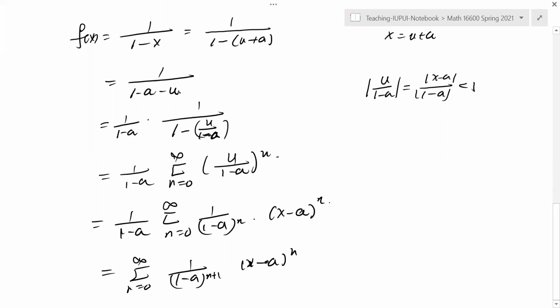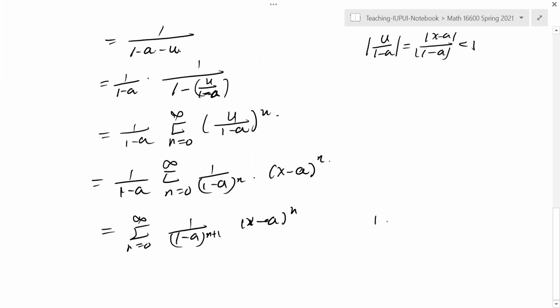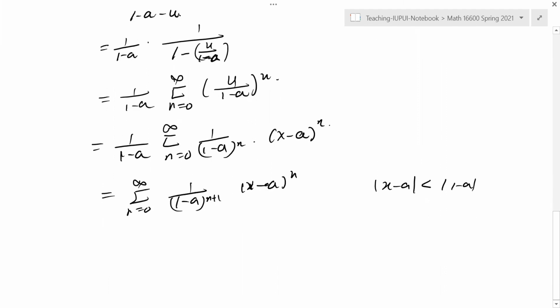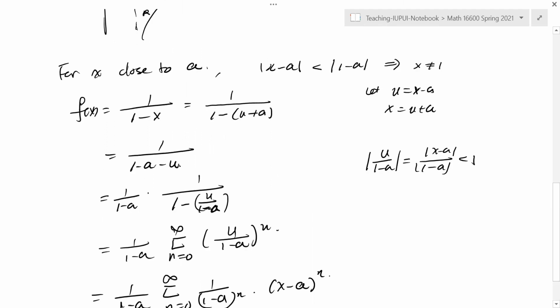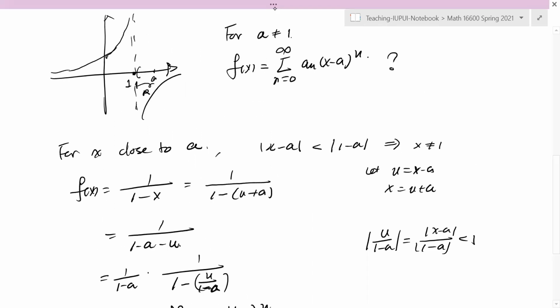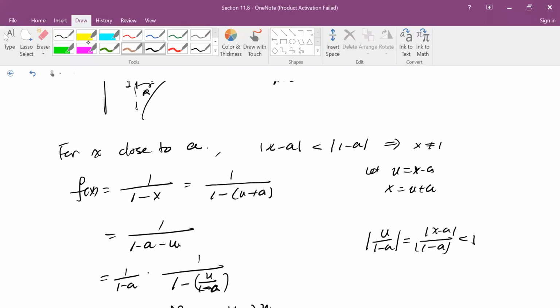So we get a power series. This is true for the absolute value of x minus a less than the absolute value of 1 minus a. This holds for x over that interval.